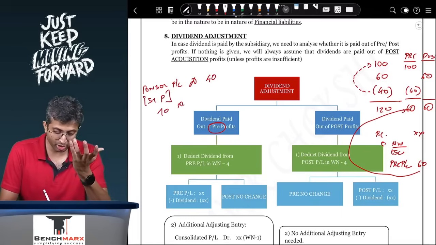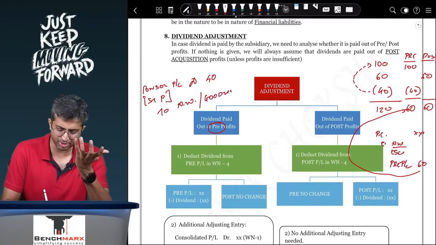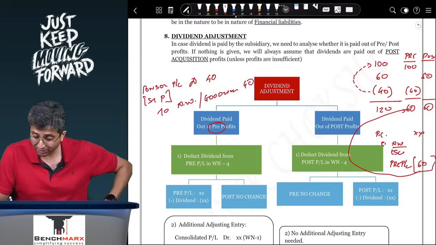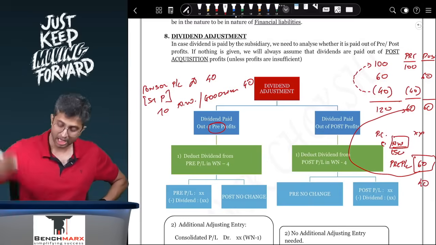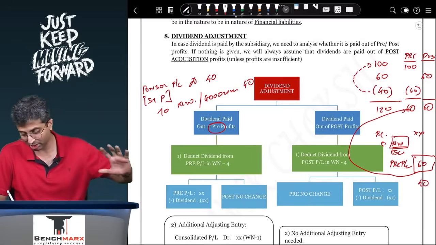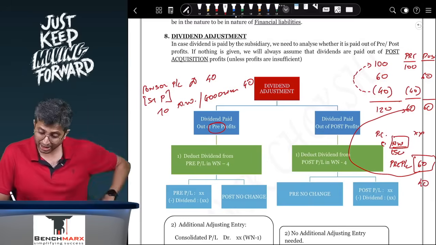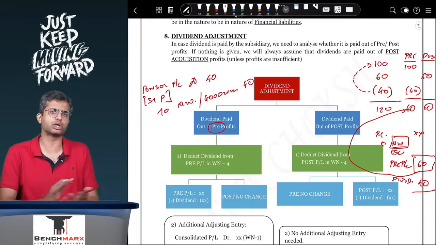Credit we will give to the net worth as on the acquisition date, or the goodwill workings as the case may be, to the extent of 40. What is the reason? Because in the goodwill working you have taken only 60. Ideally your net worth as on the date should be 60 plus 40. So you will say that there was certain share capital as on the date of acquisition, certain reserves which still remain undistributed, but there were certain reserves which were subsequently distributed, but they existed as on the date of acquisition.